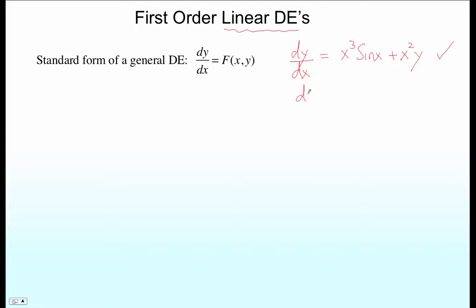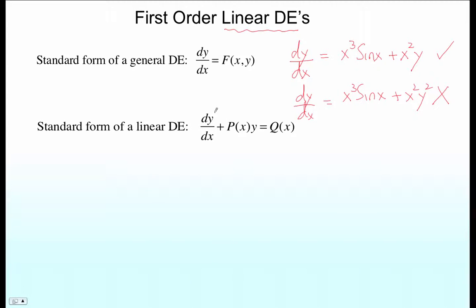On the other hand, if I had this, dy by dx is x cubed sine x plus, let's say, x squared y squared, that would not be a linear differential equation.